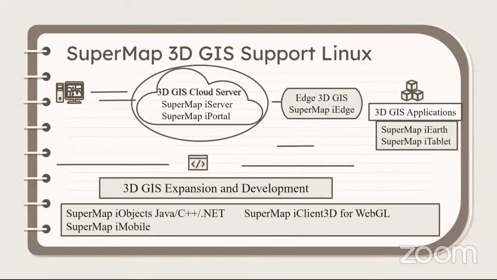Next, we have SuperMap 3D GIS, which is supported by Linux, as you can see on the screen. We also support SuperMap iMobile, the 3D GIS application, iPads and iTablets, and our cloud servers, which are iServer and iPortal.